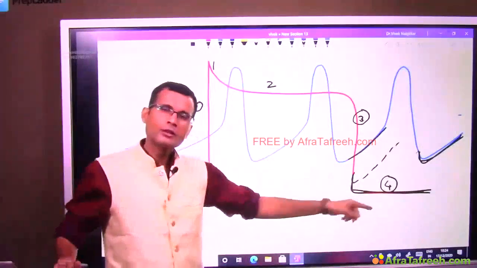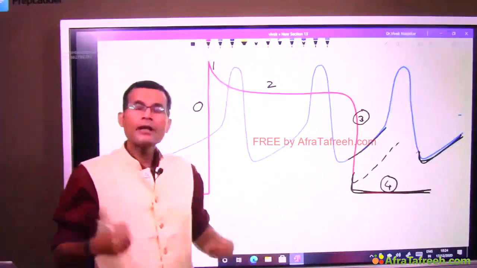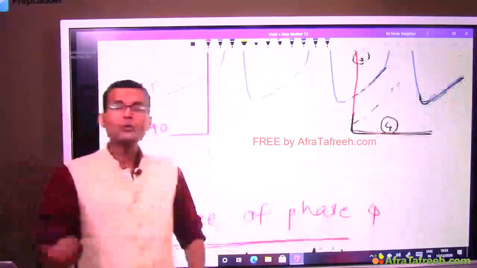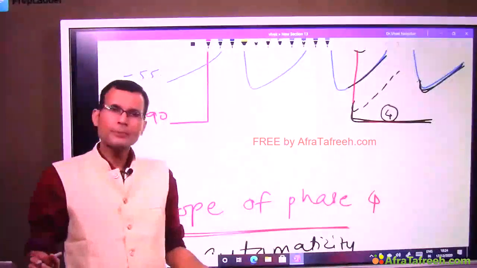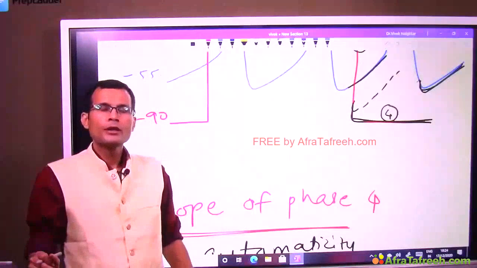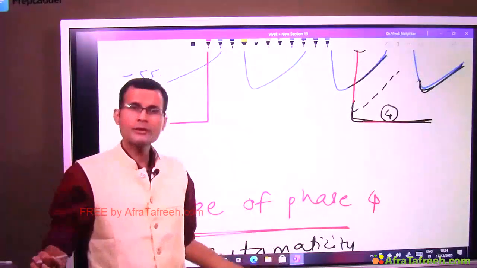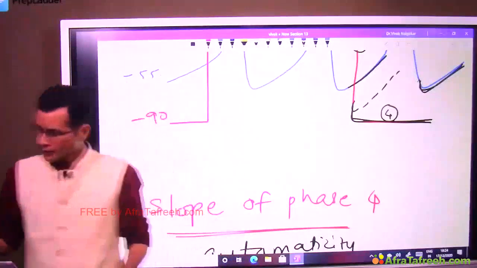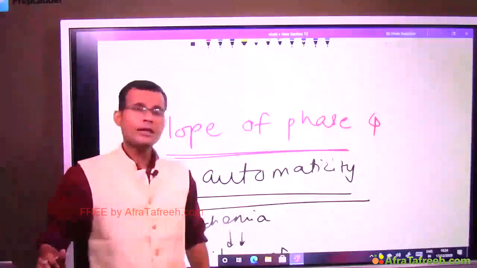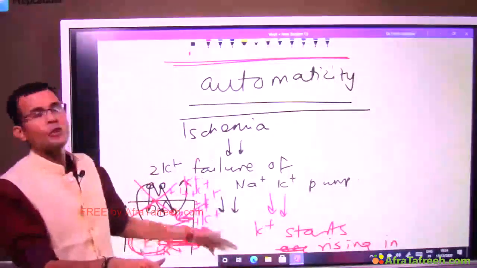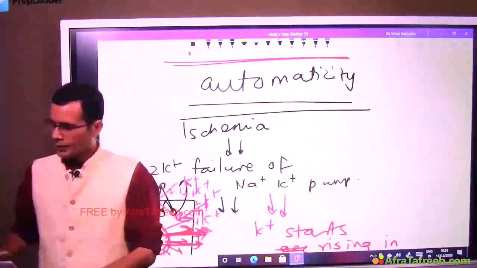So that will create that automaticity. So now you know why in myocardial ischemia and infarction there is arrhythmias and sudden cardiac death. It's because of this. It's arrhythmias. And it may lead to cardiac standstill as well. So cardiac arrest and all that as a consequence of this.